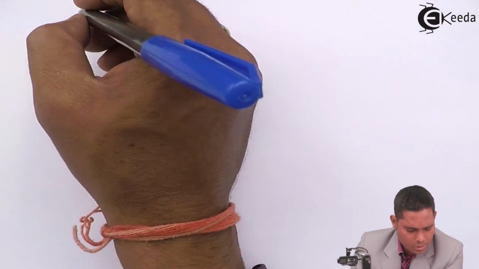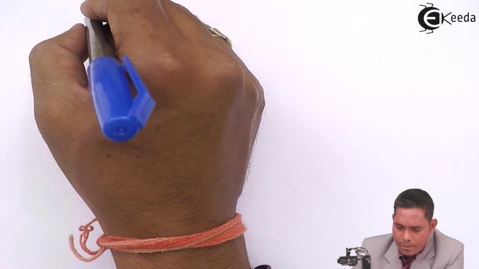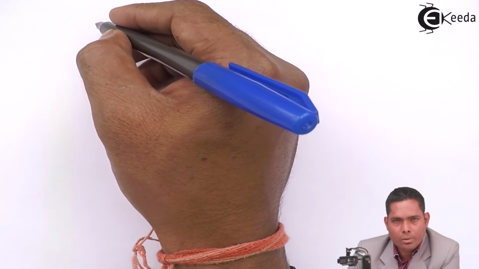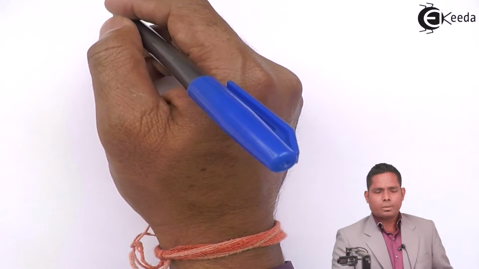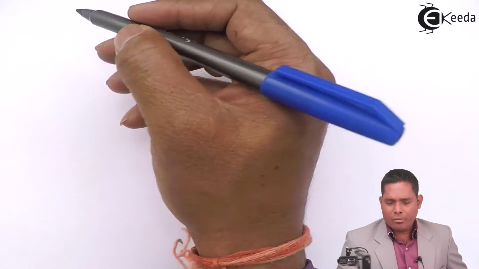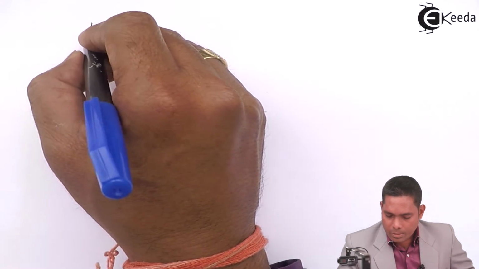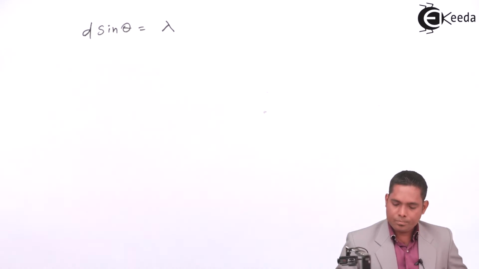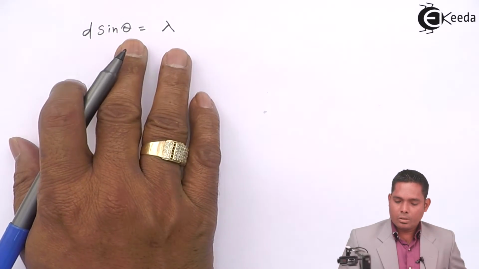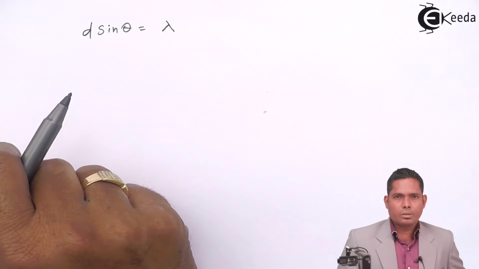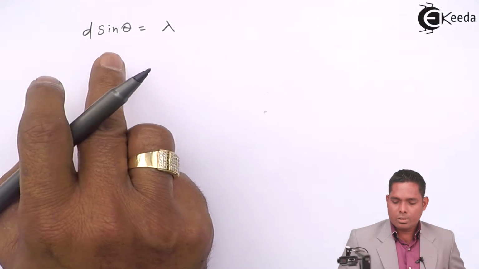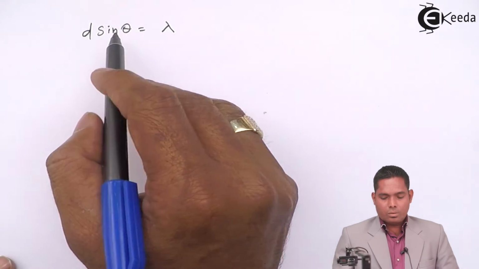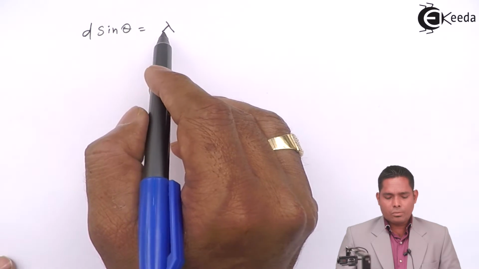From diffraction, we use a relation that the path difference, that is d sine theta, should be a multiple of lambda, that is d sine theta should be equal to some lambda. This is for the constructive interference to occur.